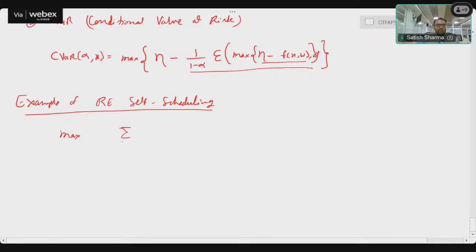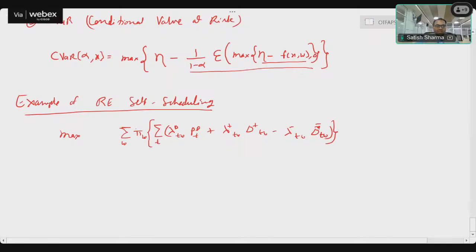summation over scenarios pi w, and then summation over t, and then lambda dt w p dt plus lambda plus t w delta plus t w minus lambda minus t w delta minus t w. Okay, so we had this summation over this and one summation over this.